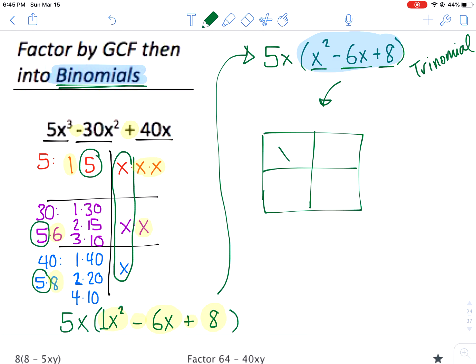I'm going to put x squared into the first box and 8 into the last box. Draw a little diamond here. We could think of this as 1x squared. So the top is just going to be 8 times 1, or 8.